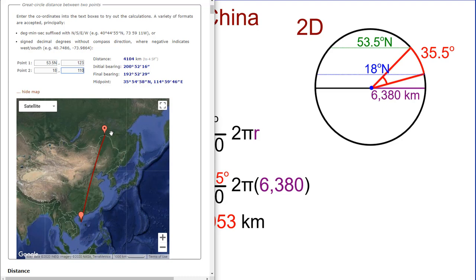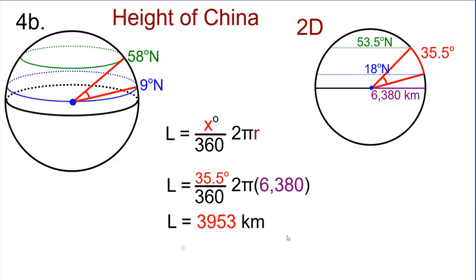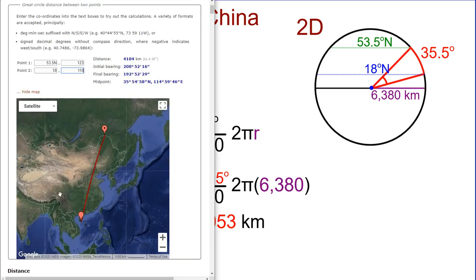So pretty awesome. In this case, the actual distance was 4,100 kilometers, and our estimate was about 50 kilometers less than that. So really close. The reason it was a little different, let me go back to this if I can, is because we're not only going straight up, but we're also going to the right a little bit.